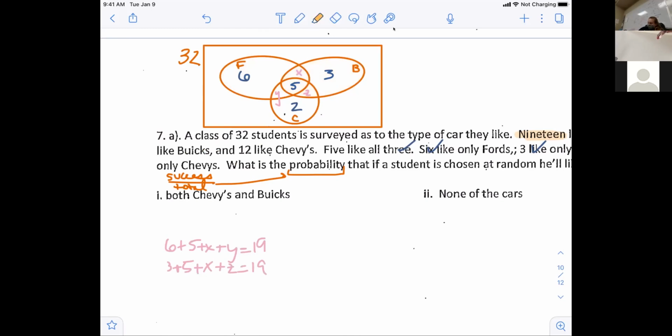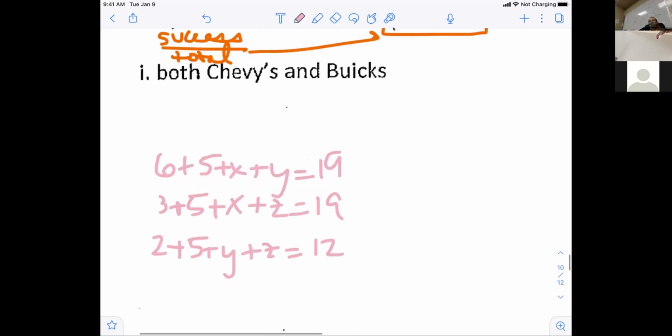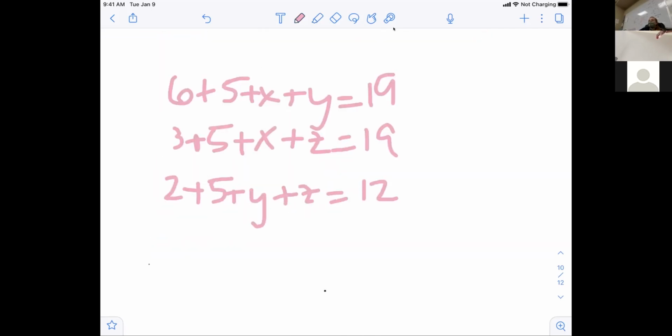Everything in that circle is 2 plus 5 plus Y plus Z. Everyone okay with these equations?